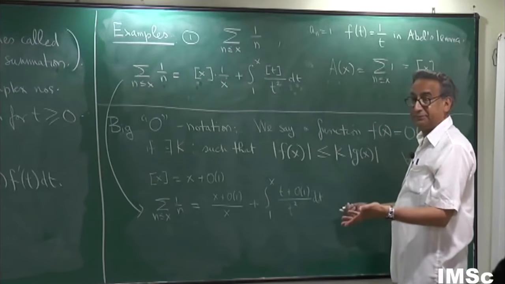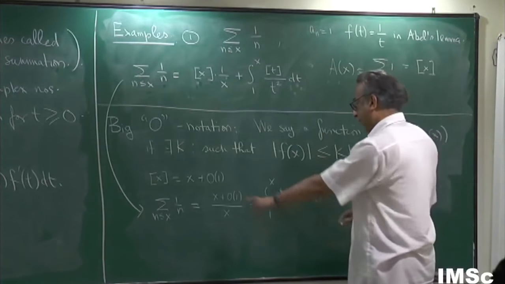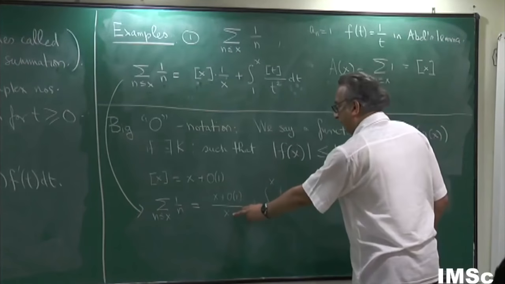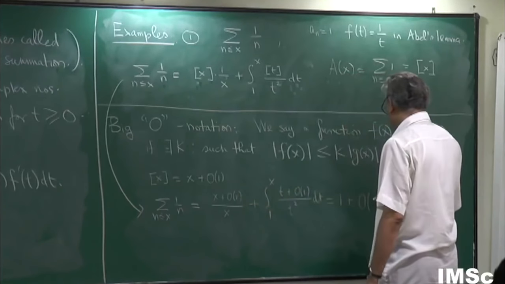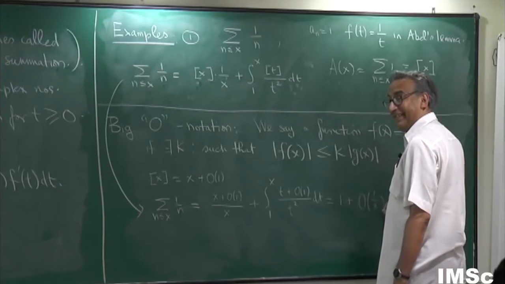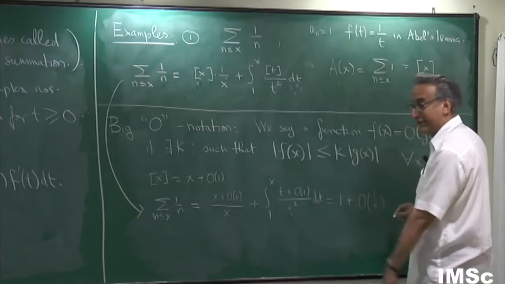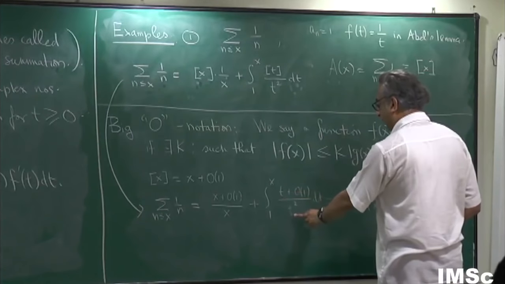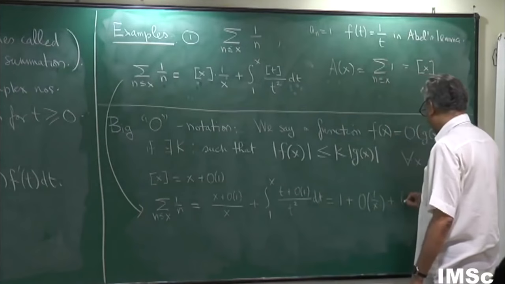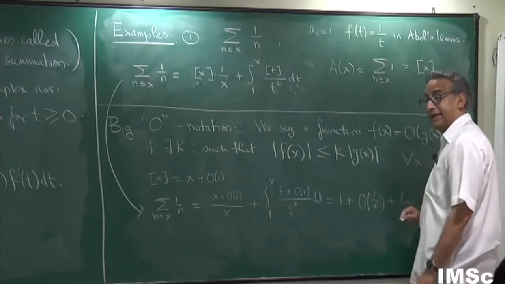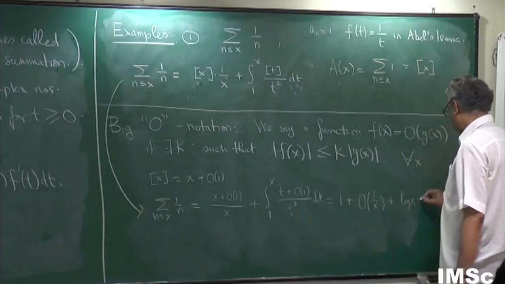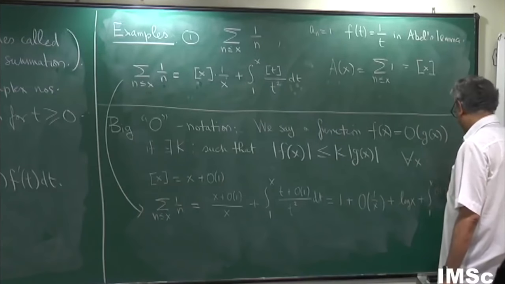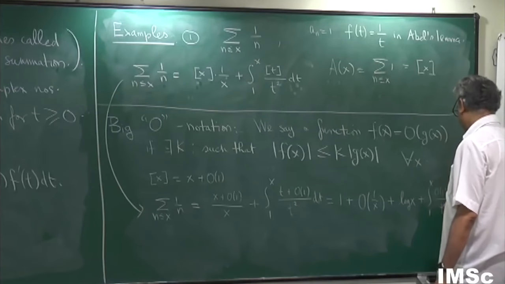Fair enough? And now x over x is just 1 there, plus O of 1 divided by x is O of 1 over x. Nice notation. Plus the integral of t over t squared dt, that's just log t. So it's just log x. And then the integral from 1 to x of O of 1 dt over t squared.